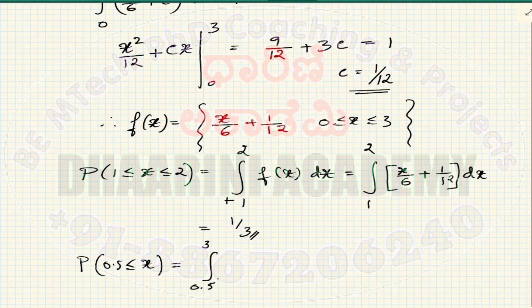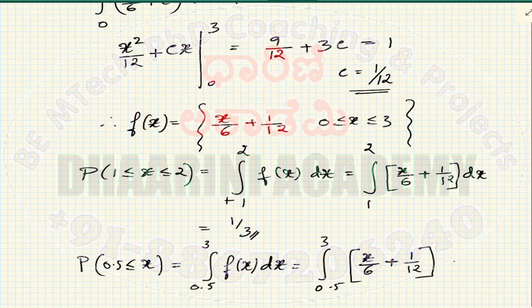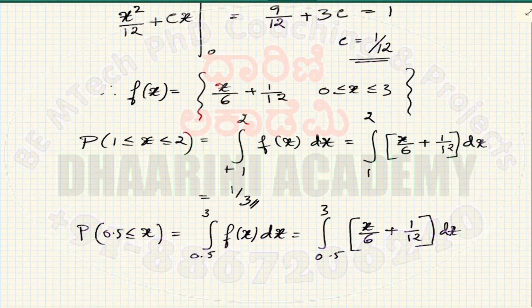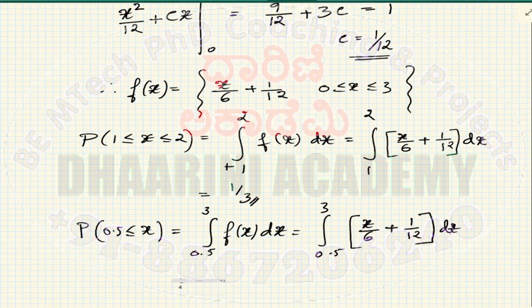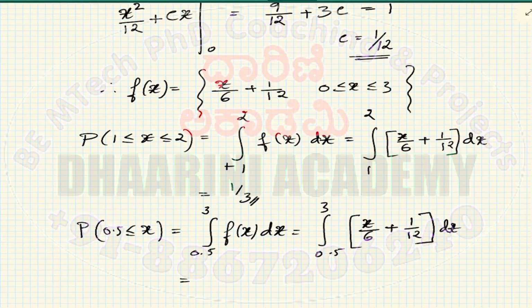So this is the integral from 0.5 to 3 of f of x dx, which is x by 6 plus 1 by 12 dx. Okay, so this is 15 by 16, right?